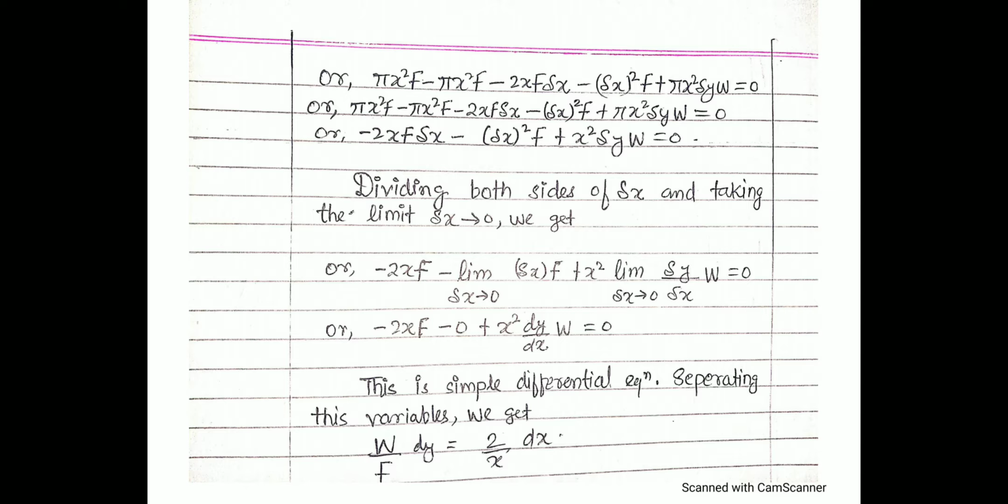Now it becomes minus 2xf minus 0 plus x square dy by dx w is equal to 0. This is a simple differential equation. Separating the variables, we get w by f dy is equal to 2 dx by x.